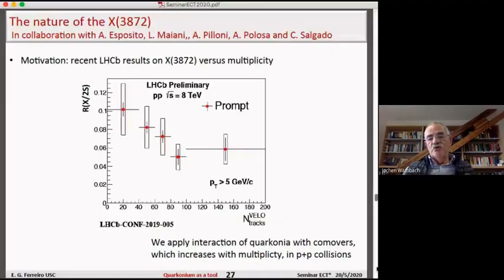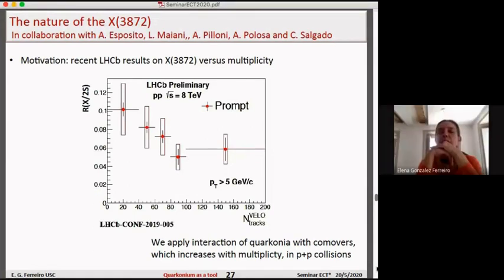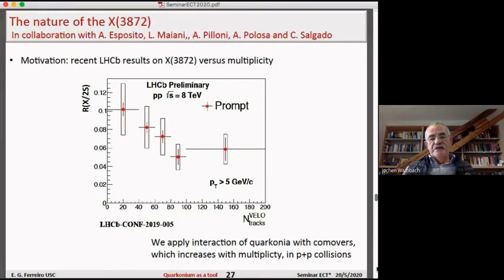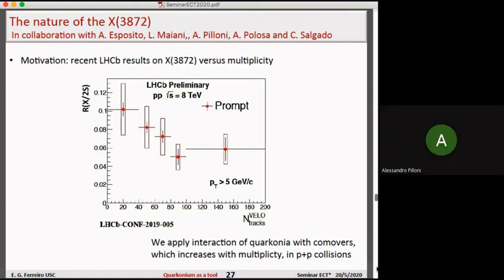These arguments are mostly geometrical, isn't it? And rely on the size. It is true. How well do you know the size of this molecular state? 5 to 10 Fermis is gigantic. That is sort of like a lead nucleus. So how well do you know this?